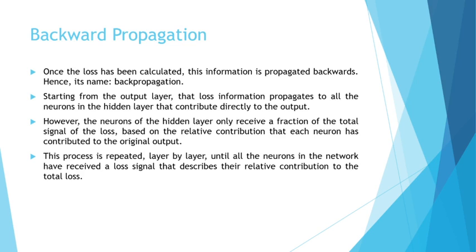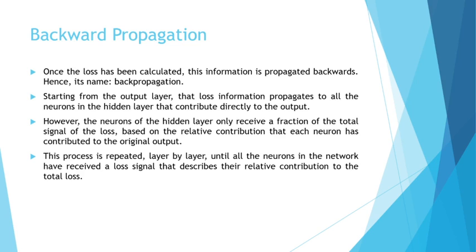So these neurons of a hidden layer will only receive a fraction of the total loss signal, based on the relative contribution that each neuron has made to the original output. This process is repeated until the error is corrected.